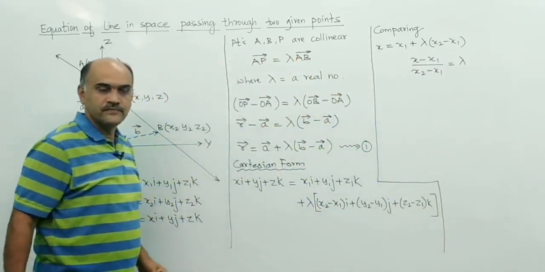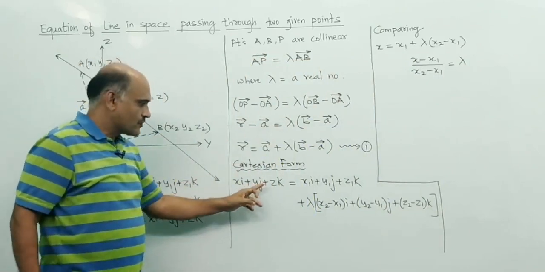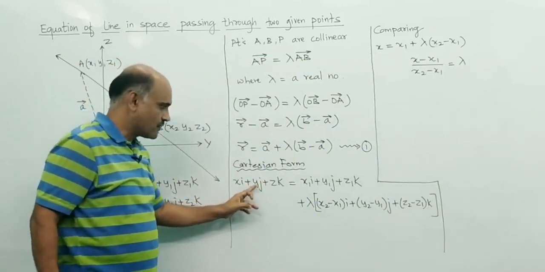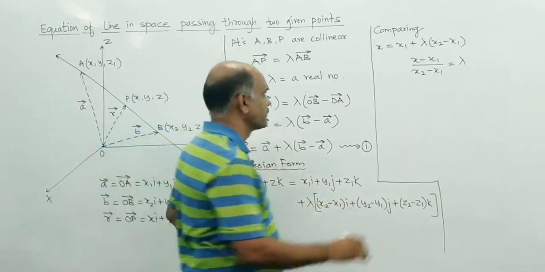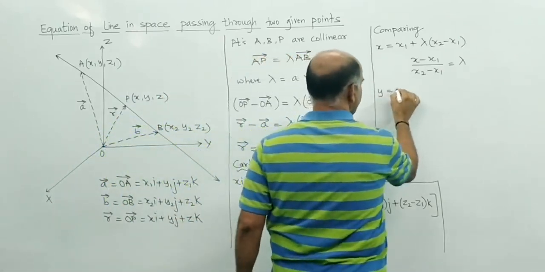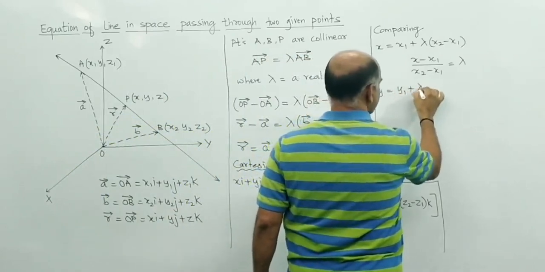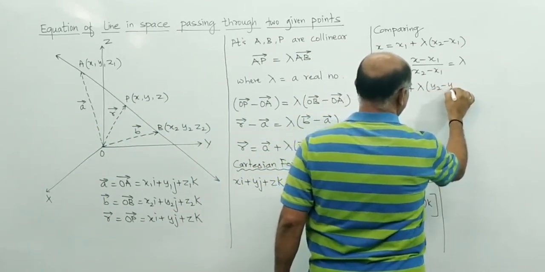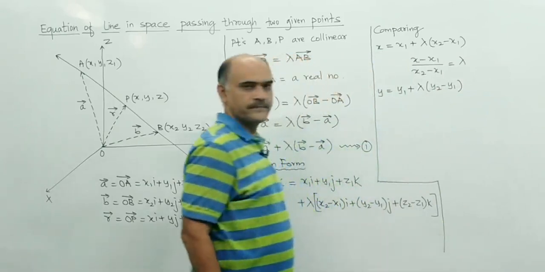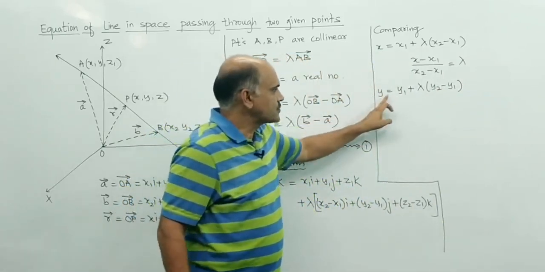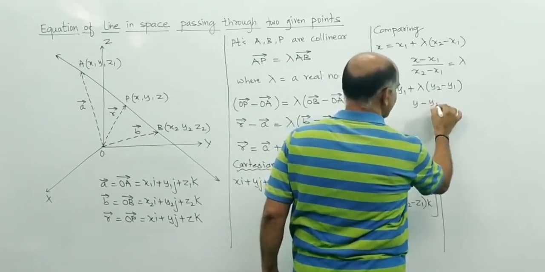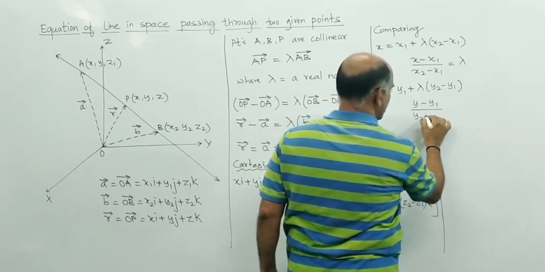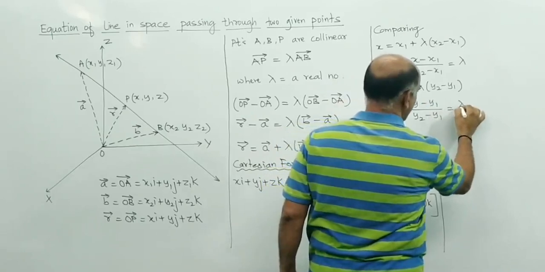Clear, students? Similarly, compare the coefficient of j: y is equal to y1 plus lambda into bracket (y2 minus y1). Take this to the LHS and divide, and you will have (y minus y1) by (y2 minus y1) is equal to lambda.